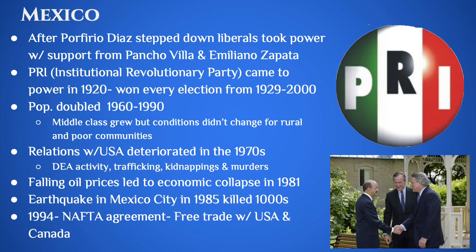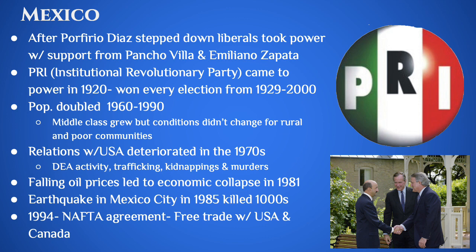Not so much over immigration, that comes later. This is over drug trafficking and kidnappings and murders. And from Mexico's perspective, also obviously it was the DEA, the United States Drug Enforcement Agency, involving itself in Mexican society in a way that Mexico understandably didn't really want.